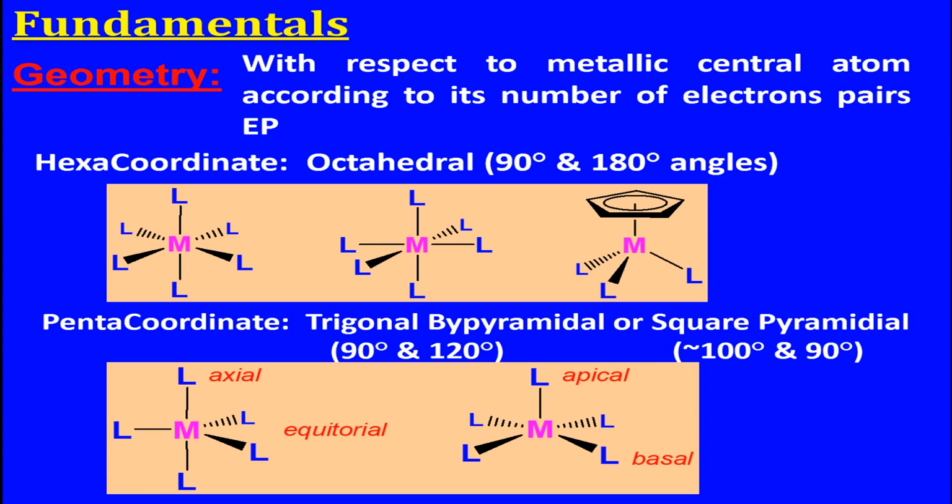What to do? The structure of ML5 may be changed by internal rearrangement to the structure ML5 where it's a trigonal pyramid. So the vacant site is clear now.